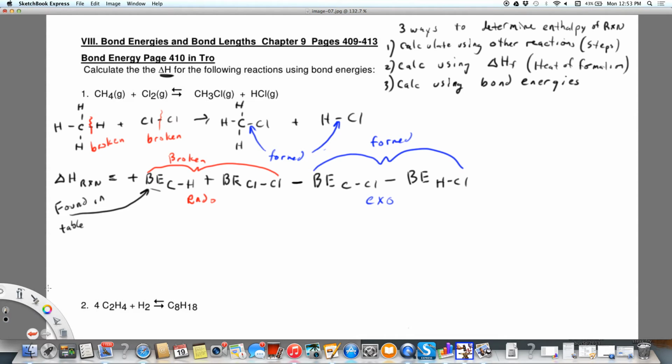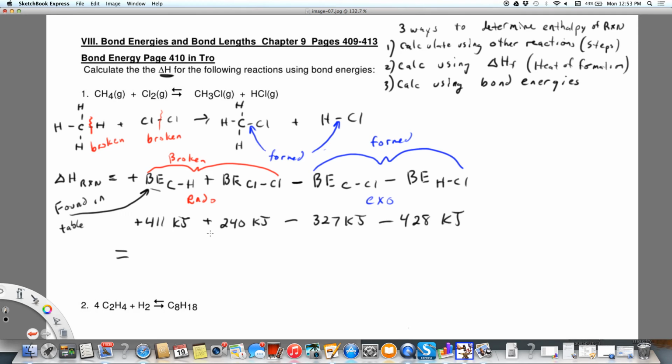When we add this all up, and again, looking on a table in the book, this is plus 411 kilojoules. And then we're going to add to that, looking in the book for ClCl, 240 kilojoules. We're going to subtract for CCl 327 kilojoules, and then we're going to subtract HCl again because it's being formed, it's exothermic, 428 kilojoules.